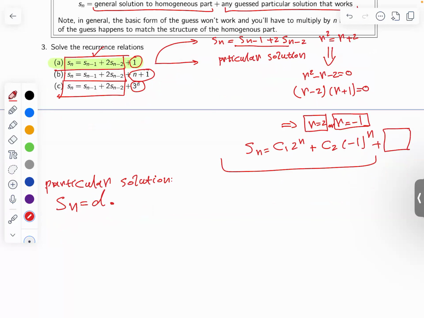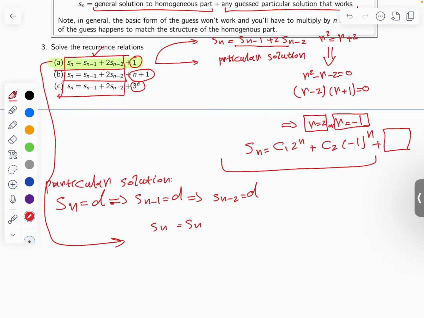All right. So if Sn is equal to D, therefore Sn minus 1 is D, and Sn minus 2 is D. So it's equal to D for everything. So part A: Sn minus 1 plus 2 times Sn minus 2 plus 1.